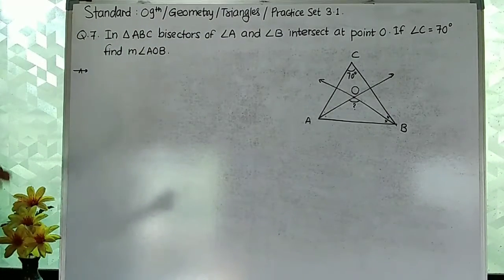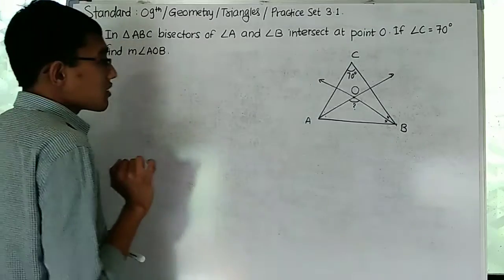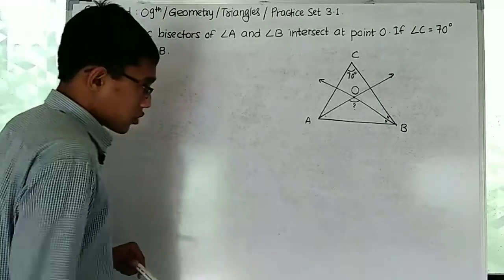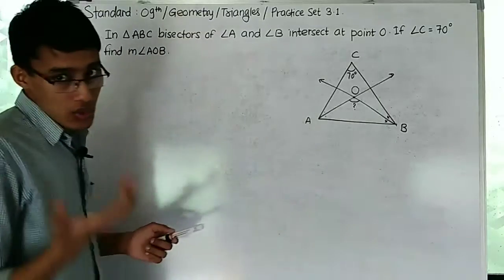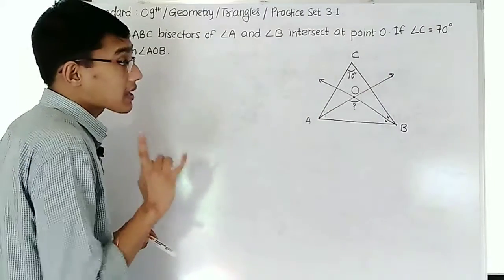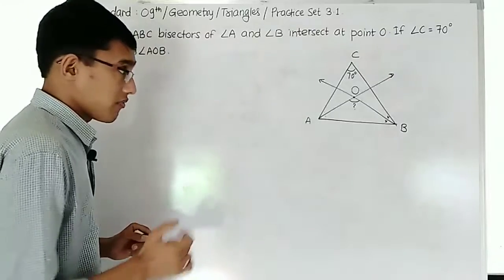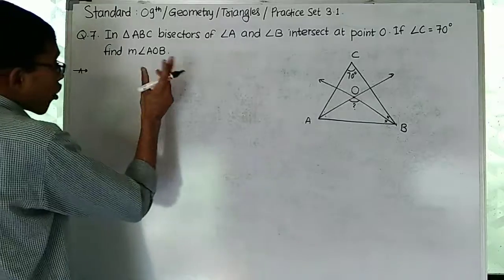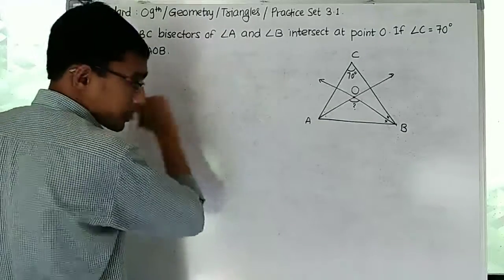Now how we can find that? Let us see. So what is given to us? Triangle ABC is a triangle, that means the sum of all the angles is equal to 180 degrees. We know this property, that the sum of measures of all the angles in a triangle is 180 degrees.